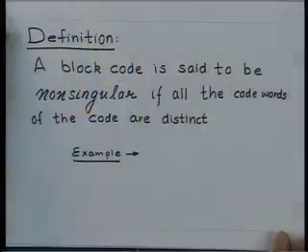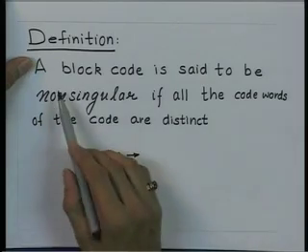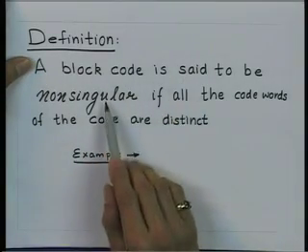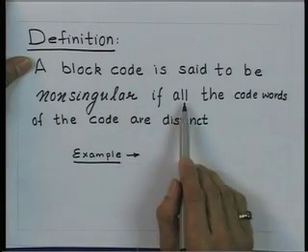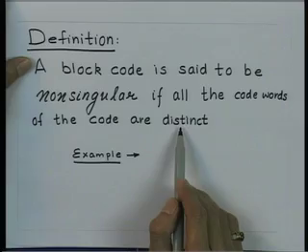So let us formally define a non-singular block code. The definition would be: a block code is said to be non-singular if all the code words of the code are distinct.